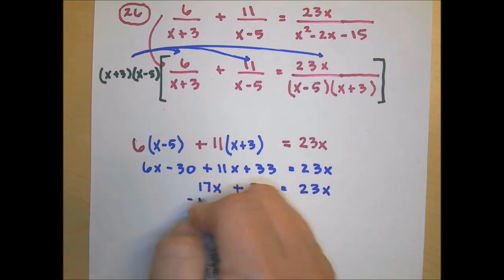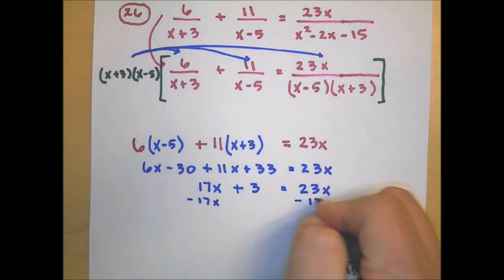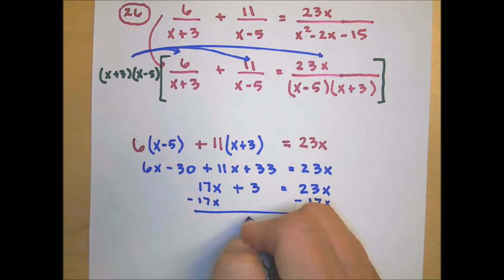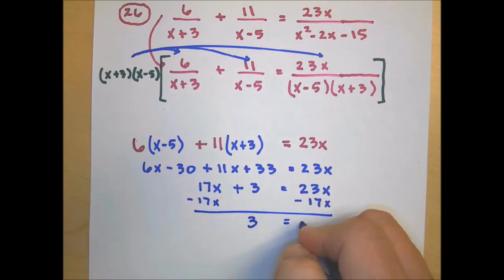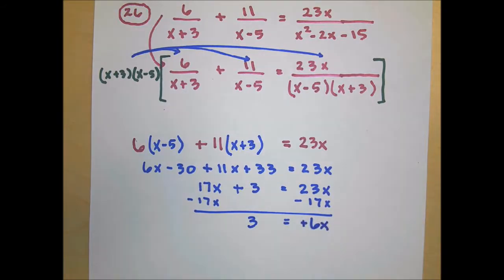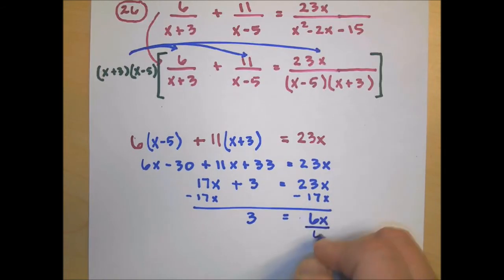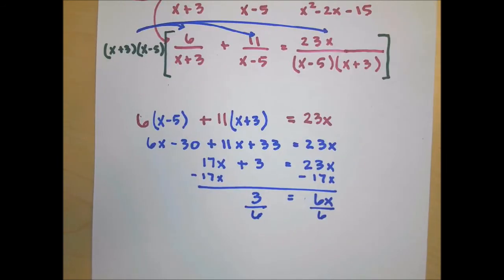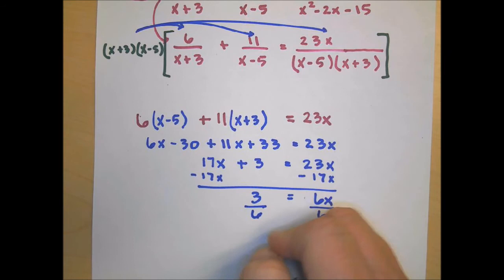I'm going to subtract 17x. And I've got 3 equals, I'm sorry, it's positive 6x. Okay, so 3 equals 6x. I'm going to divide both sides by 6. And I'm going to end up with x equals 1/2, 3 over 6.